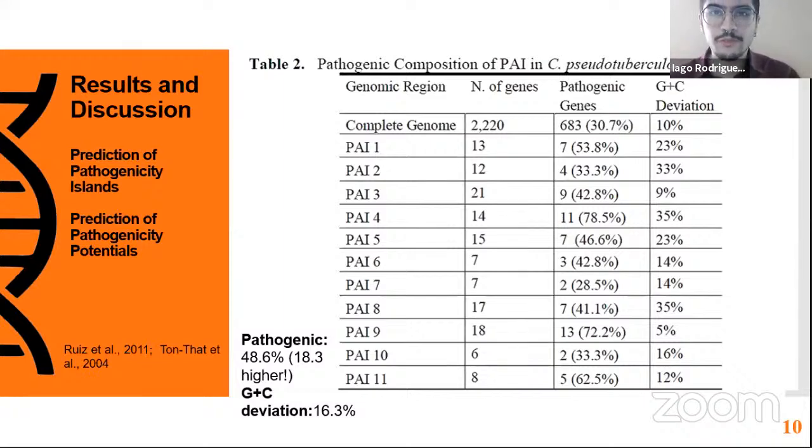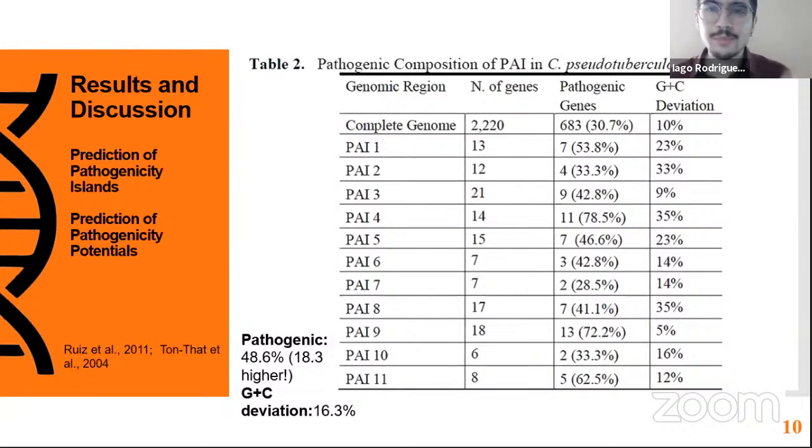if we look for further details about the composition of PIs, we could predict the pathogenic composition of these regions, these loci. So using the GIPSy tool, we could observe that the complete genome of the reference strain, Corynebacterium pseudotuberculosis 12C, showed a total of 2,200 genes with a GC deviation of about 10%.